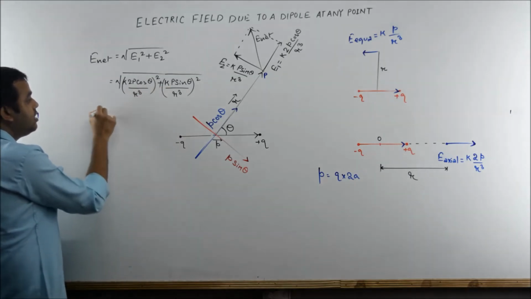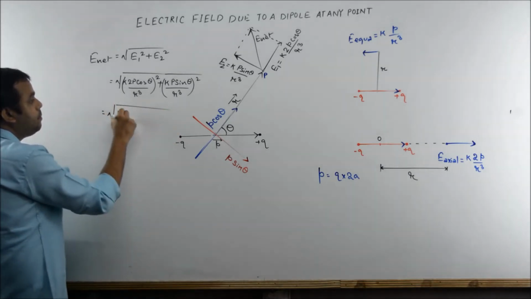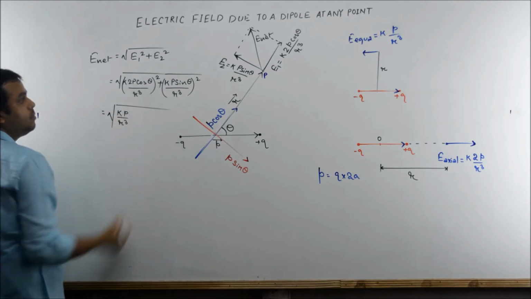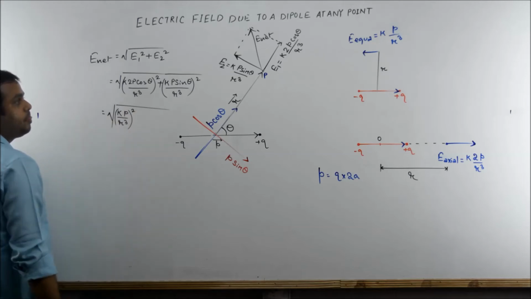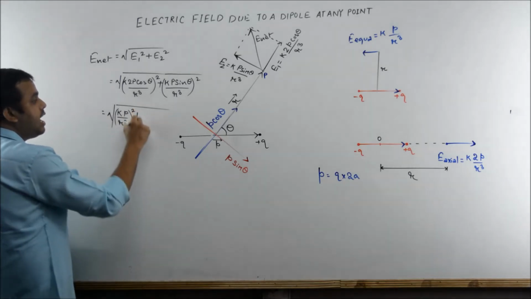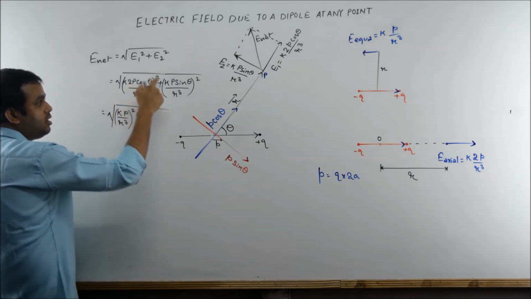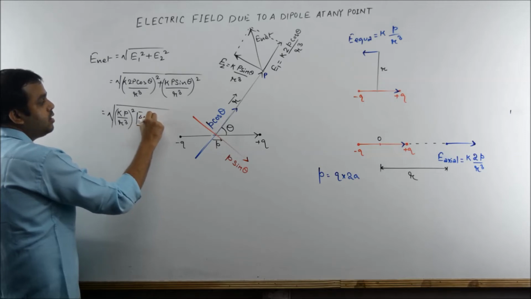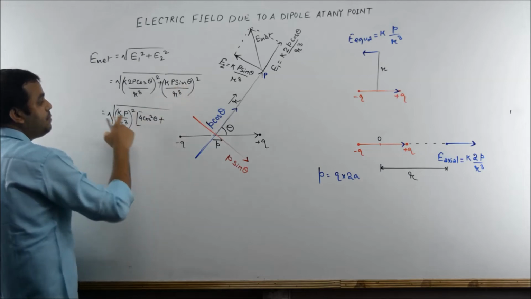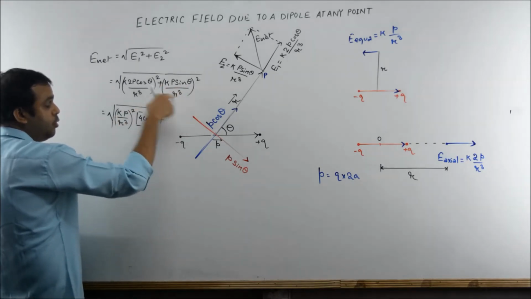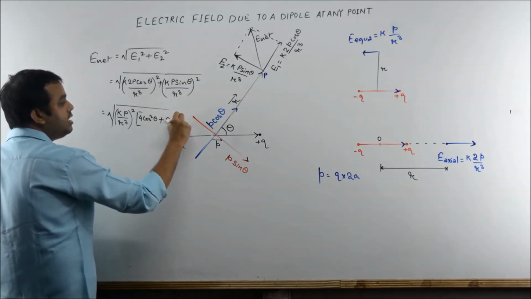If we take K P by R cube common, it will come out in this form. Clear students? In the bracket there will be twice cos theta whole square, which is 4 cos square theta, plus sin theta whole square, that means sin square theta.